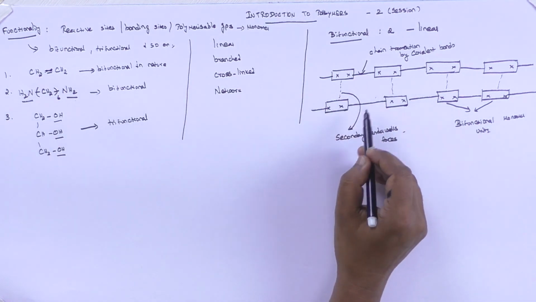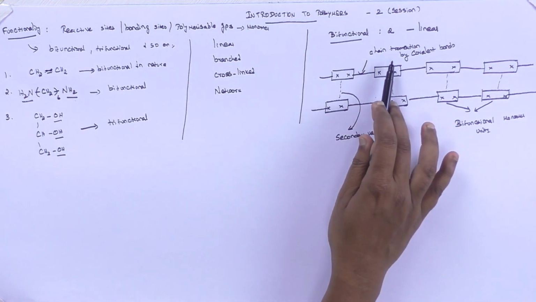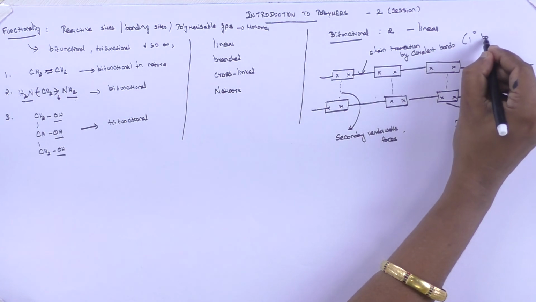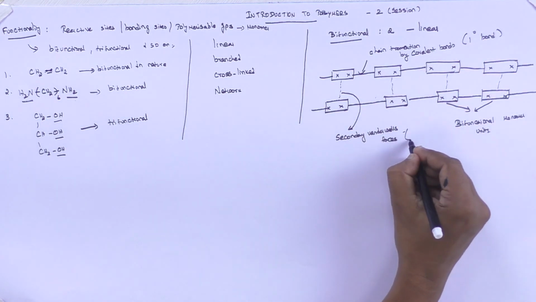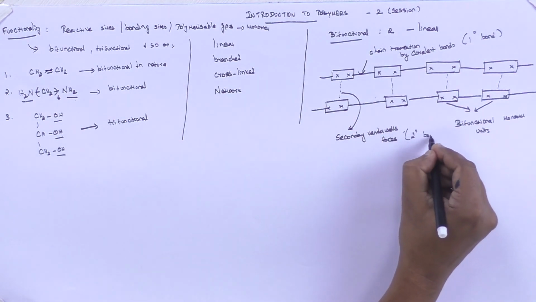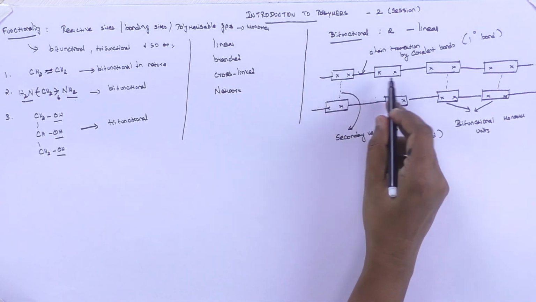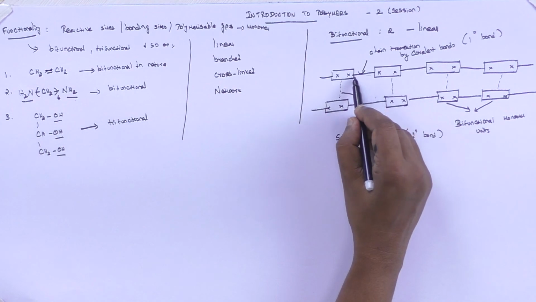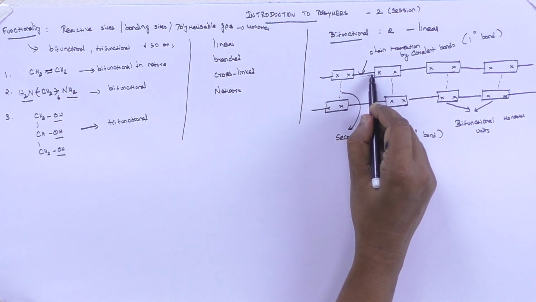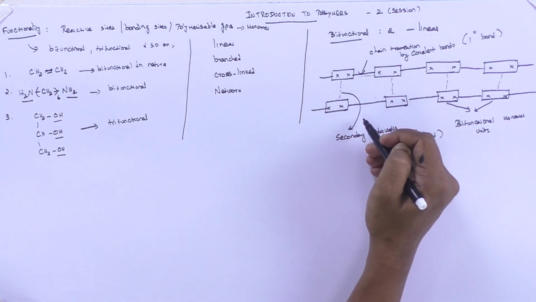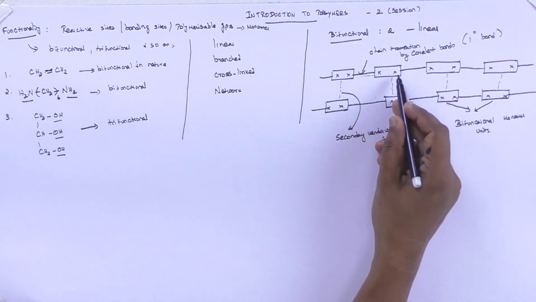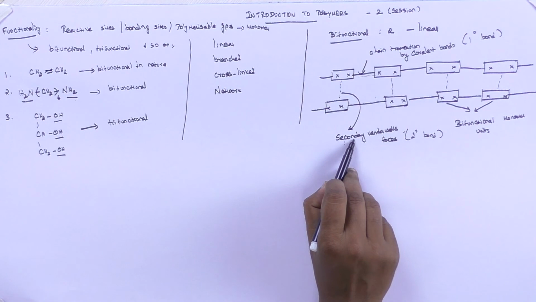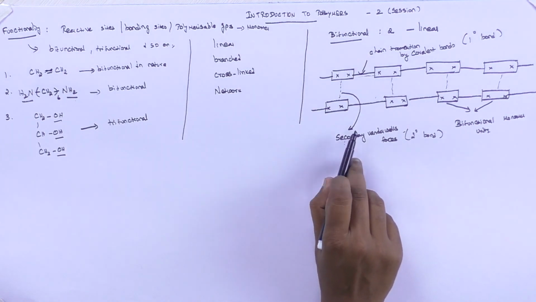You can see the weak van der Waals forces and the primary bond, which is the covalent bond. This is the primary bond and this is the secondary bond that is formed. Each monomeric unit in the linear chain is held together by strong covalent bonds, as well as the different chains are connected together by weak van der Waals forces, which are secondary in nature.